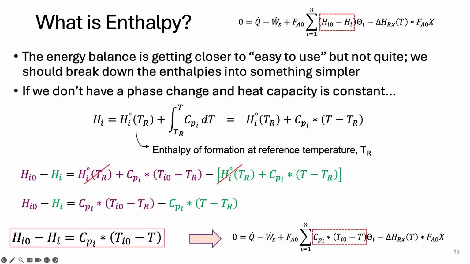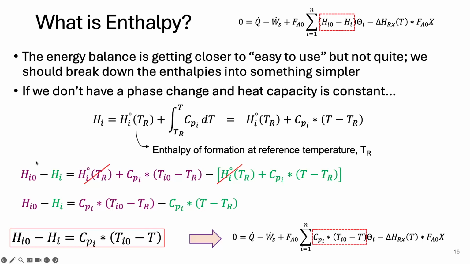Well, you may remember from thermodynamics that the way we determine the enthalpy at a given temperature is to consider the enthalpy of formation at a reference temperature, T R. That might be something like standard temperature and pressure, plus the energy it takes to heat up that species from that reference temperature to our actual operating temperature, accounting for the constant pressure heat capacities.